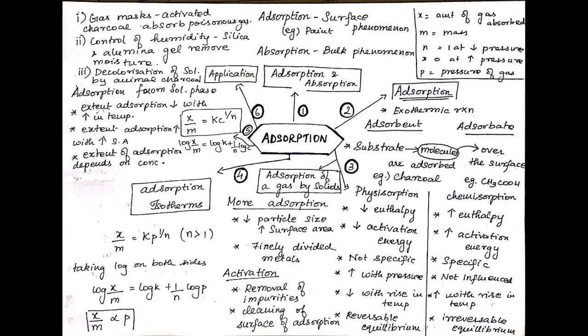The only thing missing is the graph, so that can be included. Then, the same Freundlich equation can be applied for adsorption from the liquid phase also, where the concentration term is very important. Likewise, she has listed out the applications here. Okay, you please watch this.